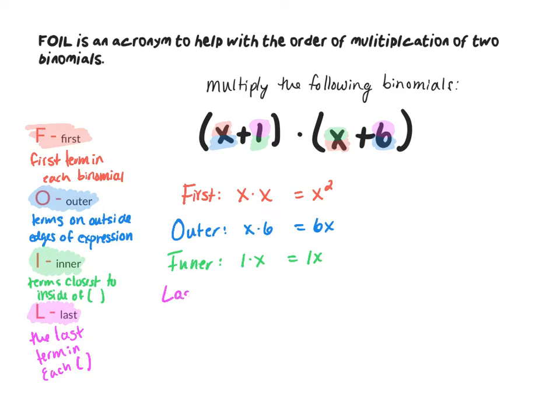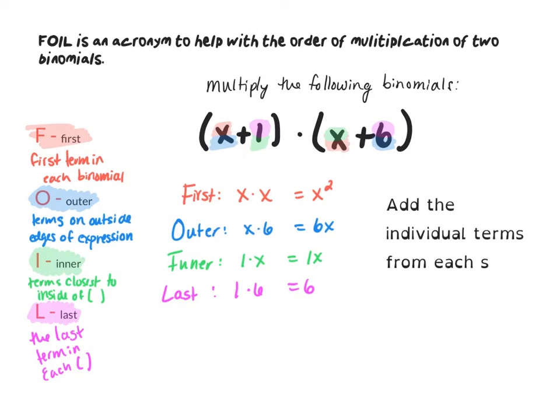So our last step would be 1 times 6, which is equal to 6. And to get our final product, all we need to do is add the individual terms from each step to get the final product.